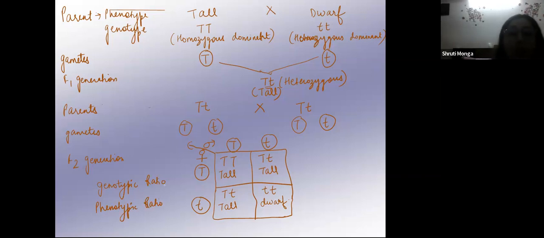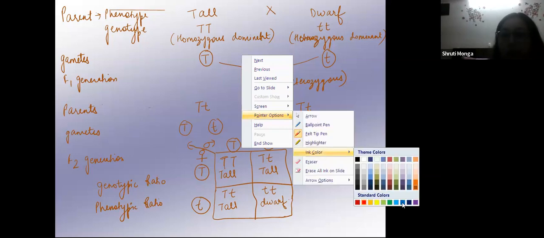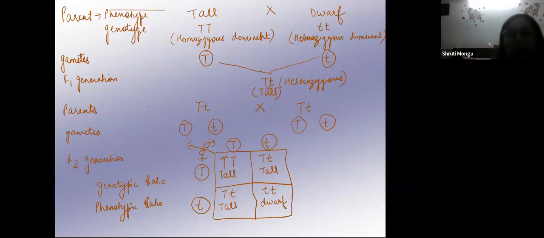Genotypic ratio means the genetic constitution. I'll use another pen to highlight it. I'm using blue. See, capital T, capital T. In this Punnett square, is there any other capital T, capital T? Please tell me.